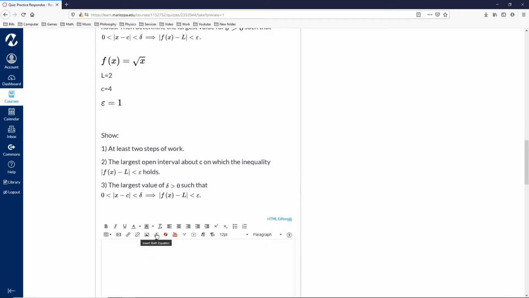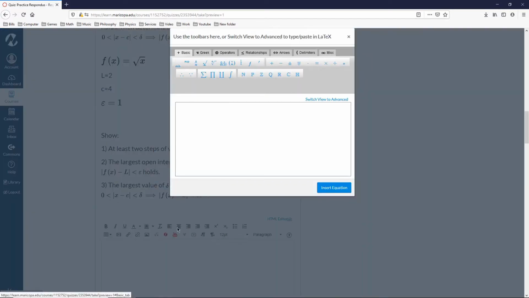So we're going to have to use the equation editor right here. And we want an absolute value. And that is shift slash, the slash that's right underneath backspace. So if you hit shift slash, you get that up line there. That actually gives you the absolute value.